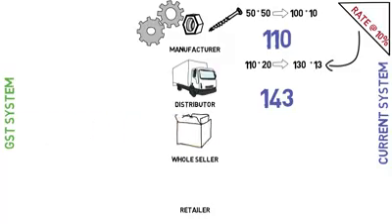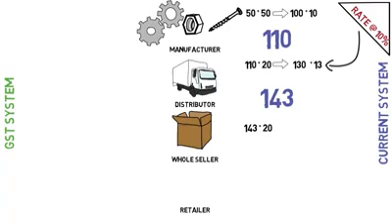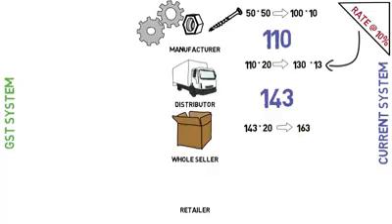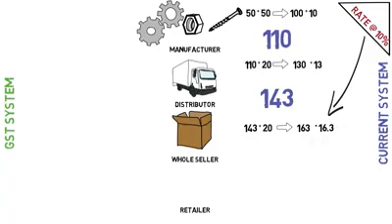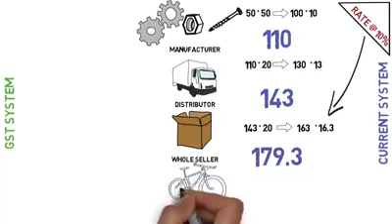The wholesaler follows the same pattern and the price will become 143 plus 20, that is 163, and 10% tax, which is rupees 16.3, and sells it for 179.3 rupees to the retailer.